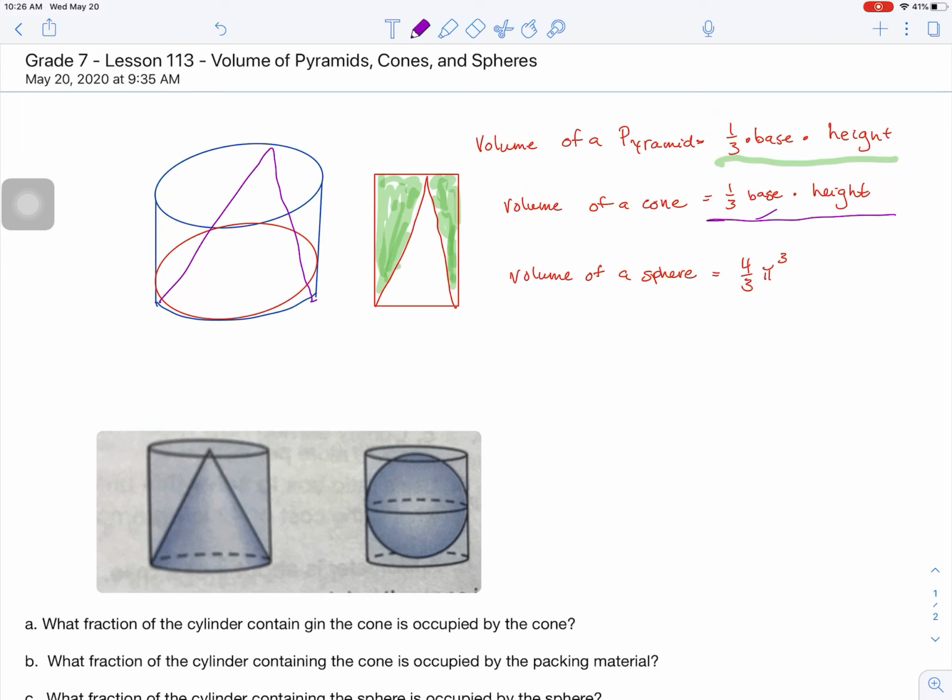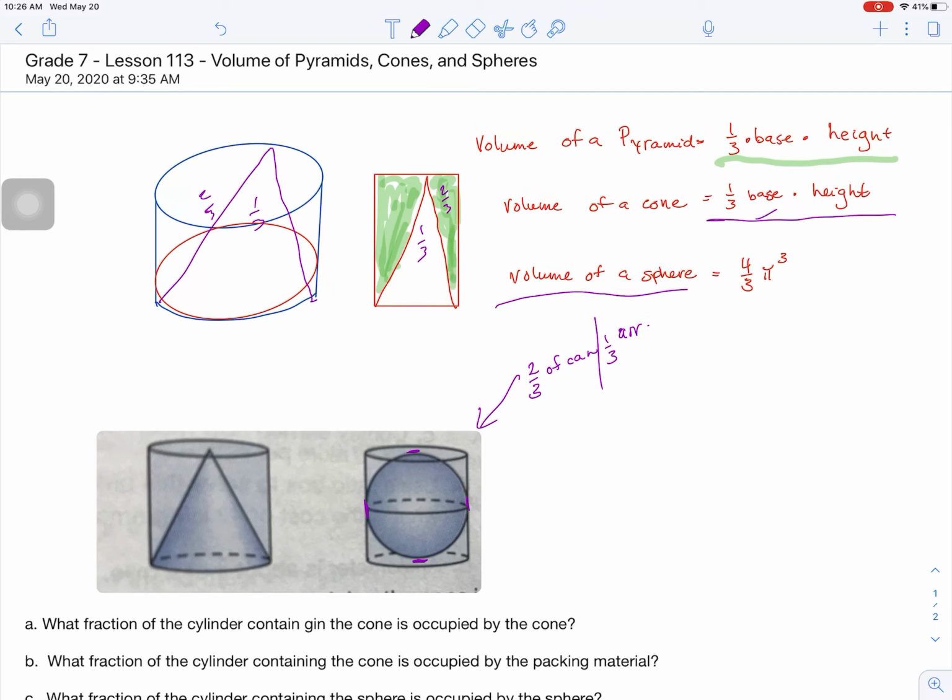If you make the top of the ball hit the top of the can, and the bottom of the ball hit the bottom, so it's in that square can, it's going to fill 2/3 of the can. So that leaves 1/3 air. So it's slightly different, 2/3 there and 1/3 there.